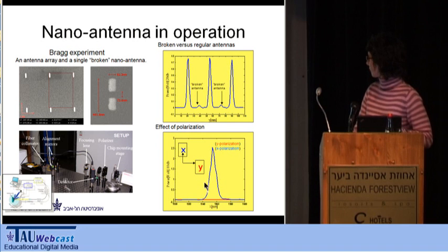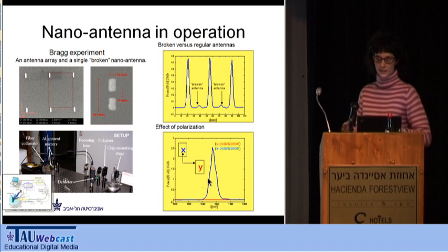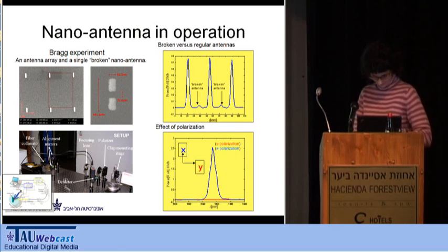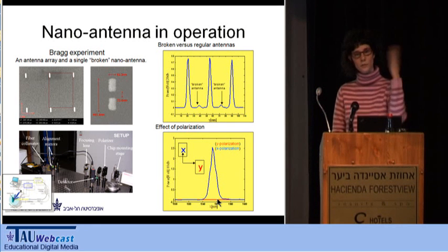Here is the first proof: we tested optically using a Bragg experiment. The red is the response when the light is polarized.